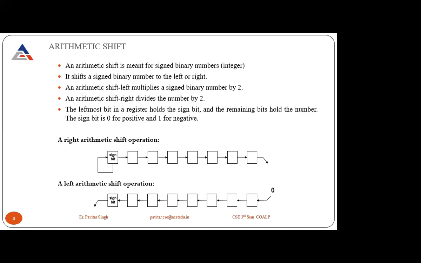So the leftmost bit in a register holds the sign bit. If your register is of 5 bits, these 4 bits will be used for holding the number, and the left bit will be used for the sign bit, right?